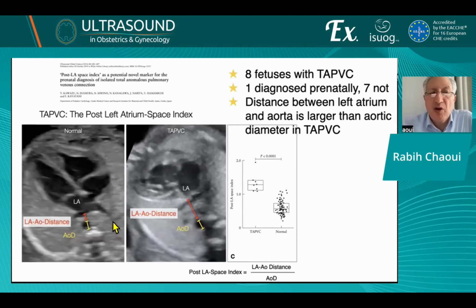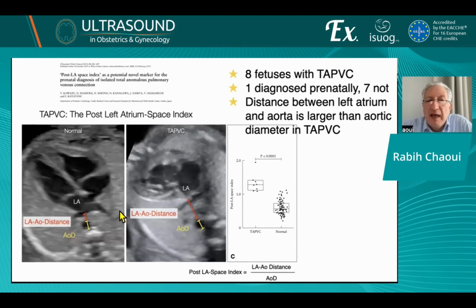So under normal conditions, the region between the aorta and the left atrium is quite equal, or even the aorta is larger than the distance, while in abnormal lung vein drainage, you see the aorta is smaller and the region is larger, leading to a ratio which is enlarged.